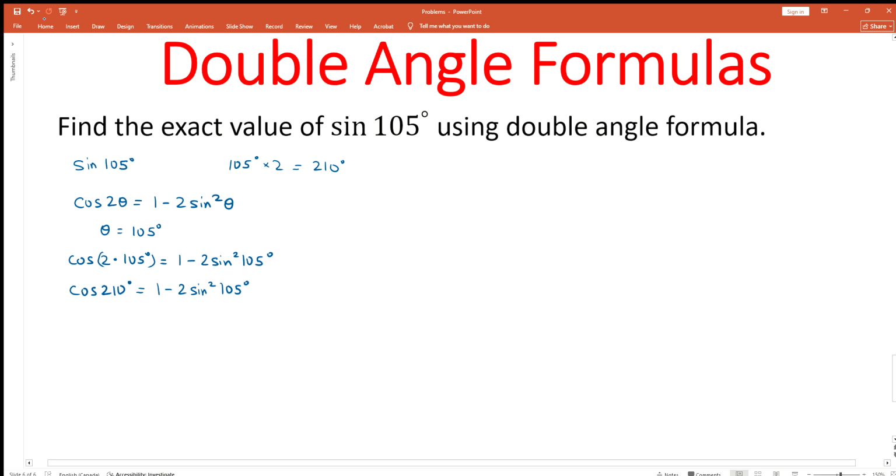In this video, I'll use the quadrant analysis and CAST rule or ASTC rule. The first step is to sketch the angle 210 degrees. As you may know, this angle lies in quadrant 3 because this angle is greater than 180 degrees and less than 270 degrees.